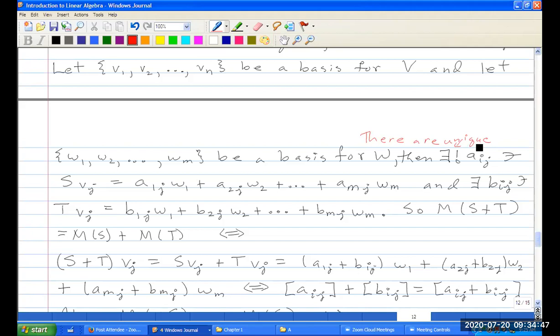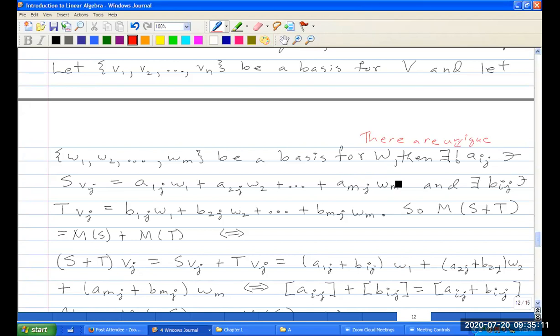So there are unique A sub ij such that S(Vj) is equal to A1j W1 plus A2j W2 plus dot dot dot A sub mj Wm.